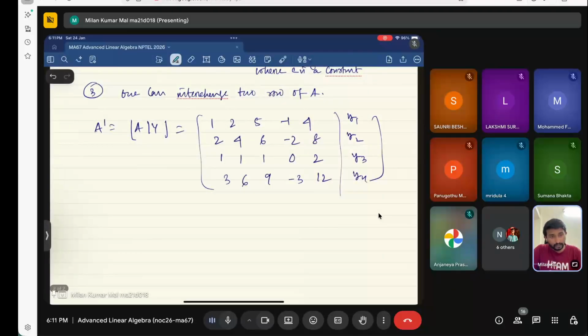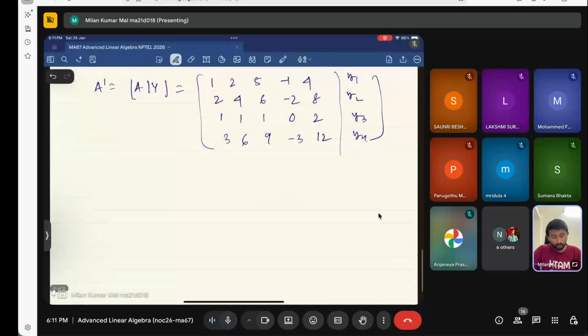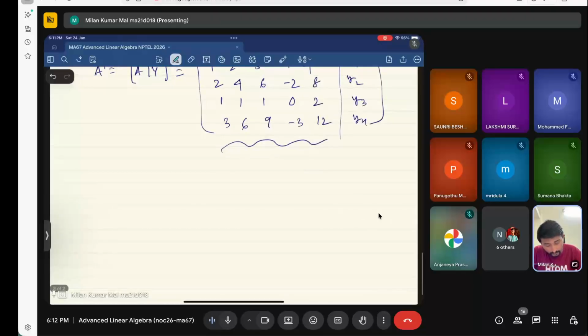And after that, the number of non-zero rows in this portion. So now the system will have a solution if, let us write, after row reduction, A dash becomes R, Y dash, something like that.